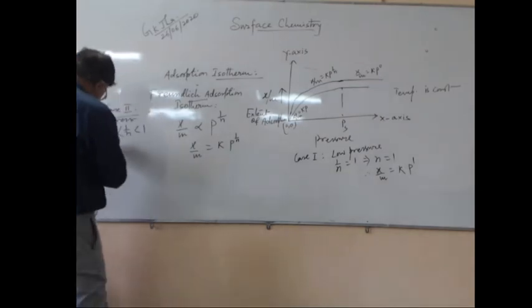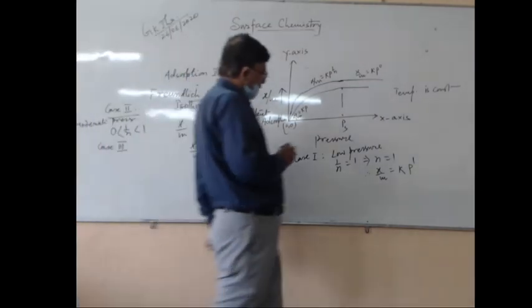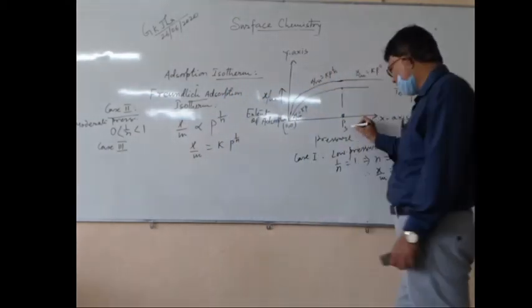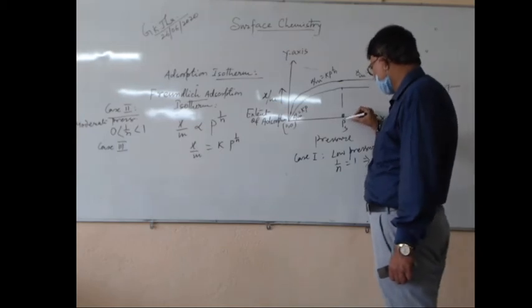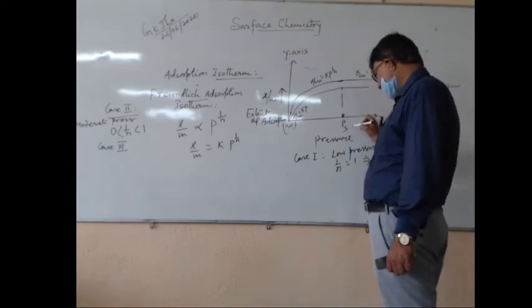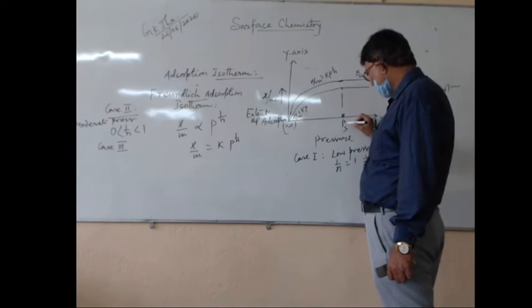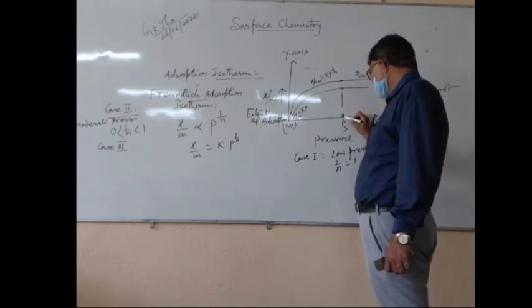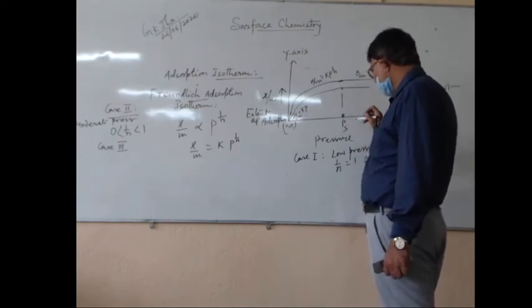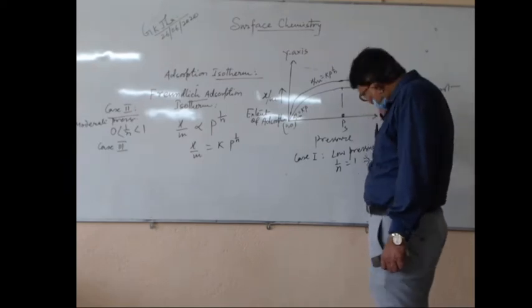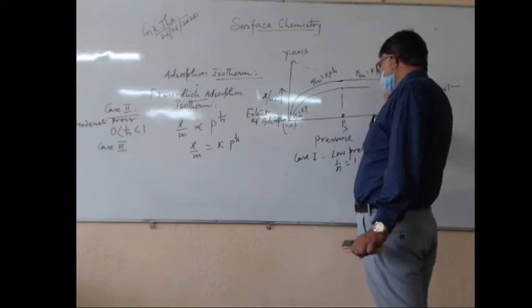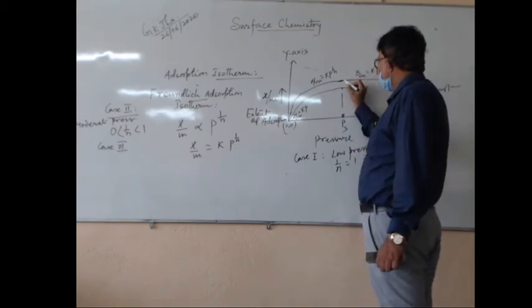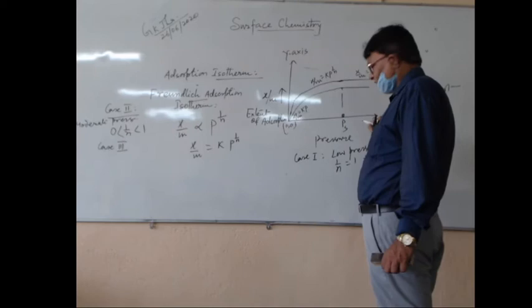Case 3, very quickly we are taking up. After a certain pressure, this is the pressure I have written as PS, the saturation pressure. You find that when a particular pressure is reached, this curve becomes parallel to the x-axis.